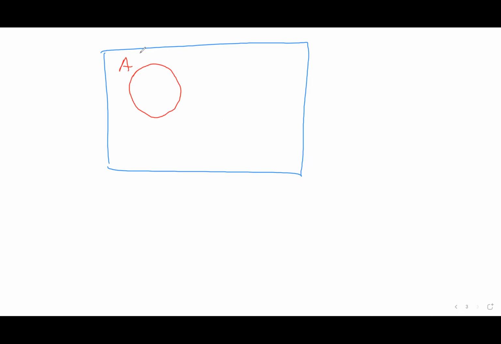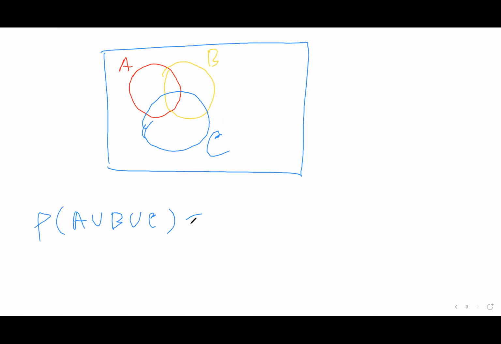This is A. This is B. And blue is C. Now you see that the probability of A union B union C is equal to the probability of A plus the probability of B plus the probability of C.